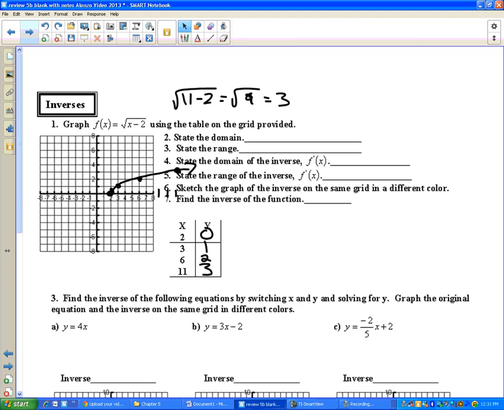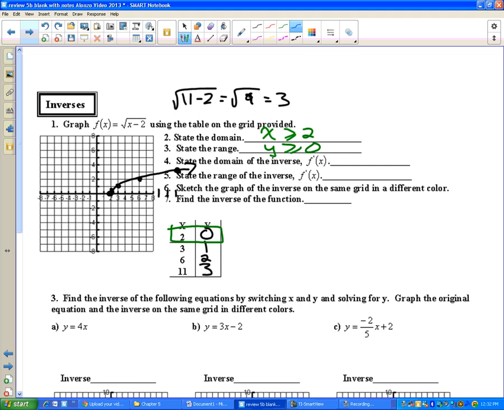State the domain and range. Well, remember, since this is a square root function, my domain and range deal with this very first x and y. So my domain is x is going to be greater than or equal to 2. Y is going to be greater than or equal to 0. Okay? State the domain and range of the inverse.